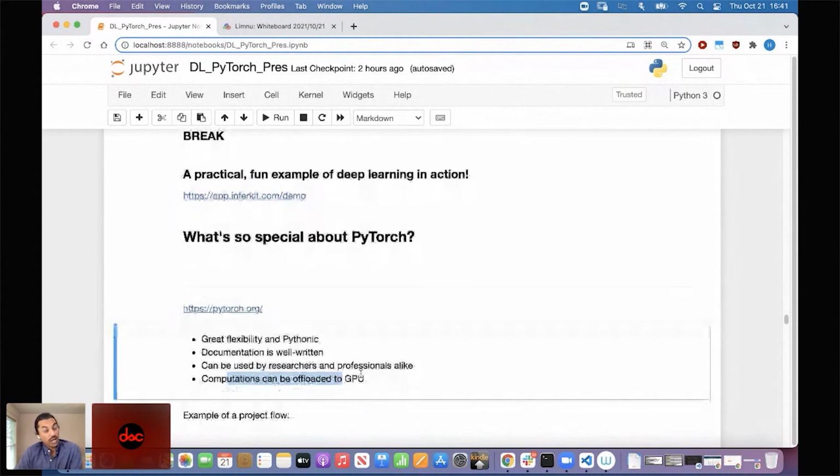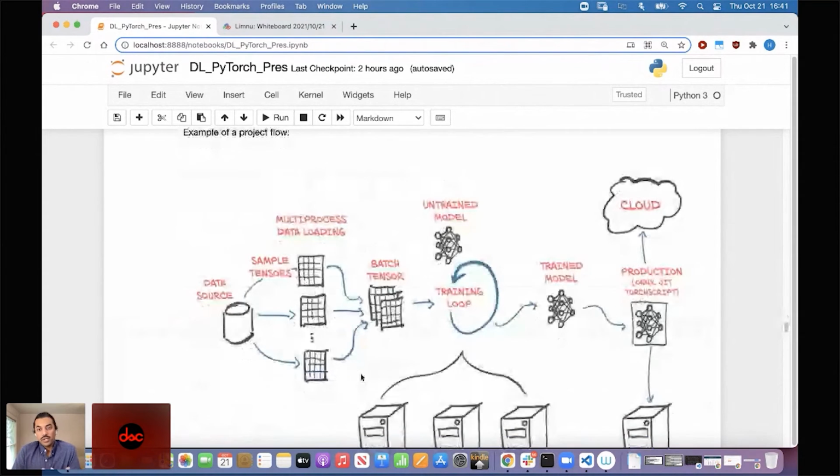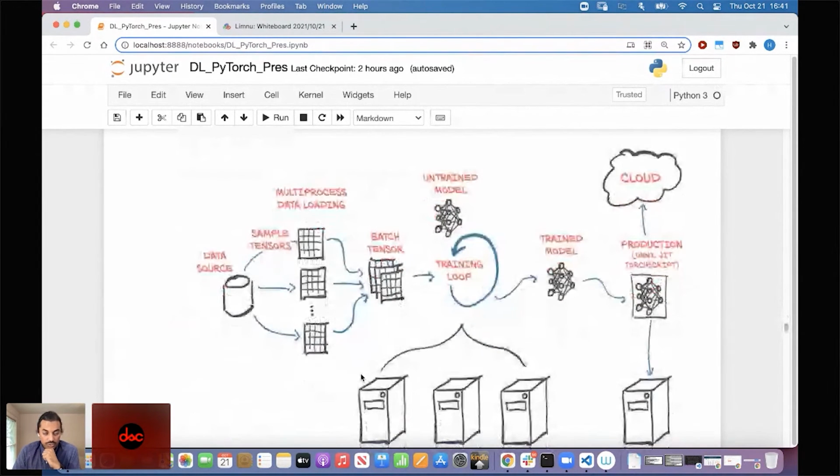Here's an example of a general deep learning project flow. Let's start from the left. Here's our data source, sample tensors. Think of tensors as those dimensions we talked about: vector, matrix, 3D, 4D, and so on. Everything is processed here and compiled together in a batch.